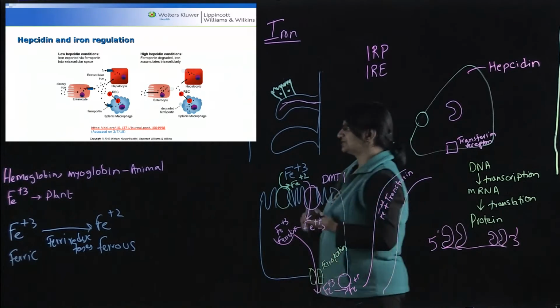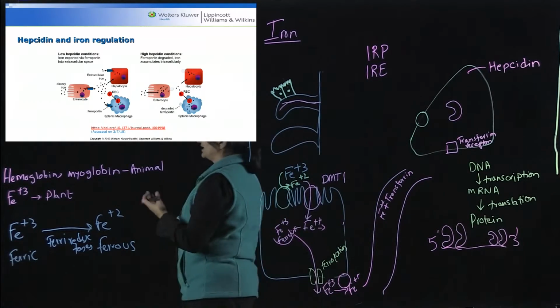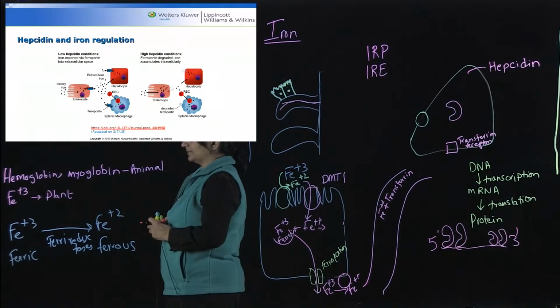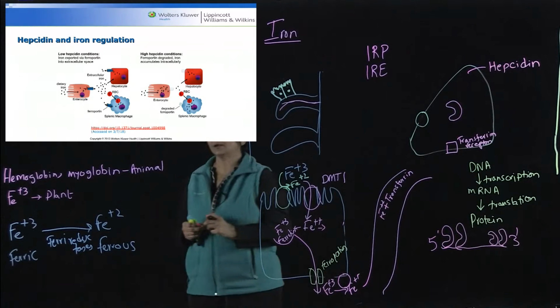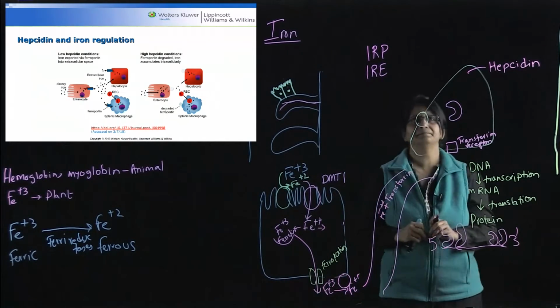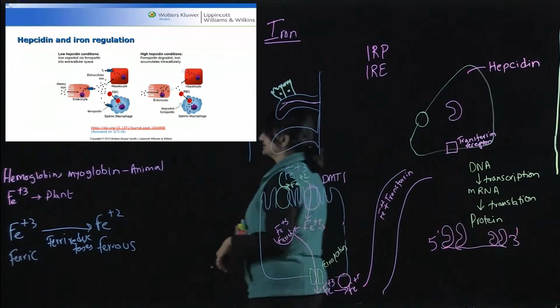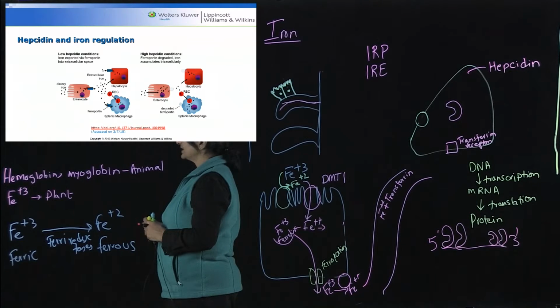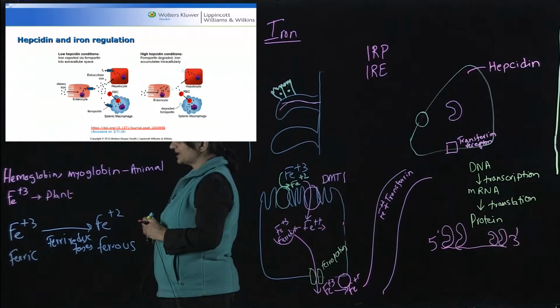If you look at this slide, what you're going to notice is that under low hepcidin concentrations, as the slide suggests, iron is exported via ferroportin into the extracellular space.